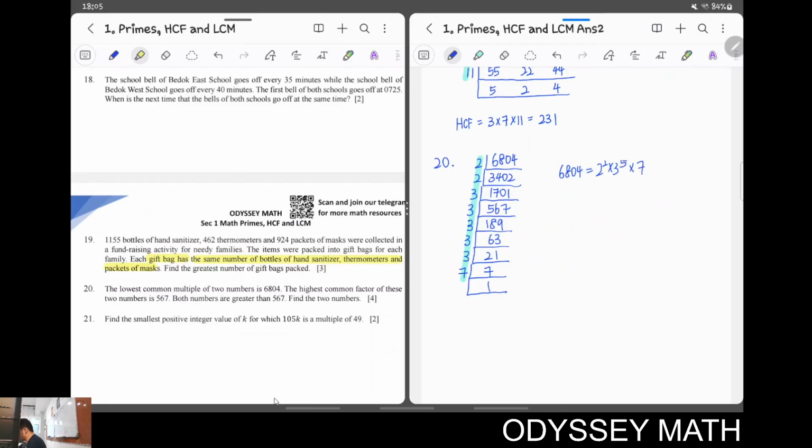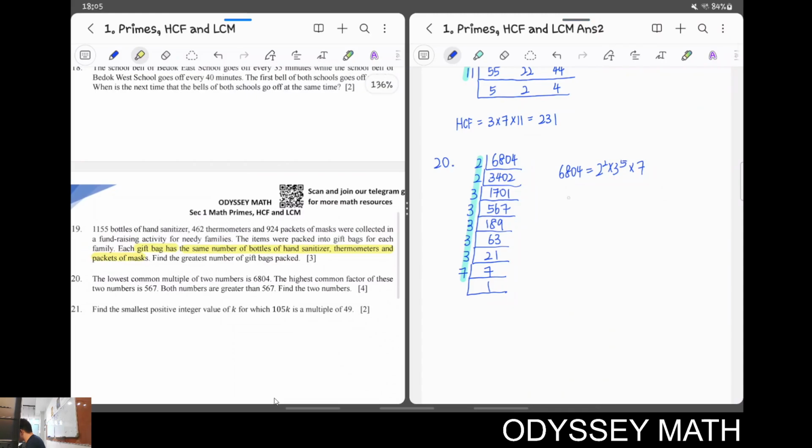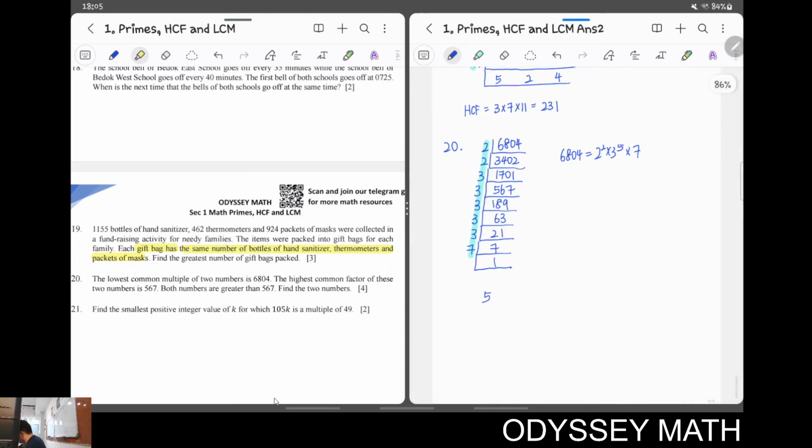Also, we would like to prime factorize 567. 6804 here is the LCM of the two numbers, and 567 here is the HCF of the two numbers. So let's prime factorize 567 as well. Divide by 3, we have 189, sorry.